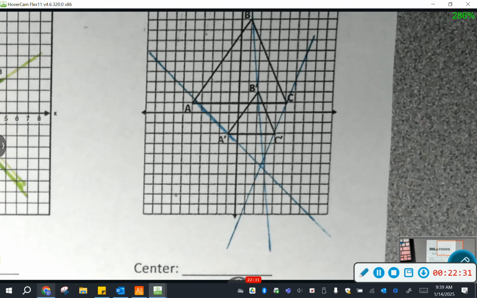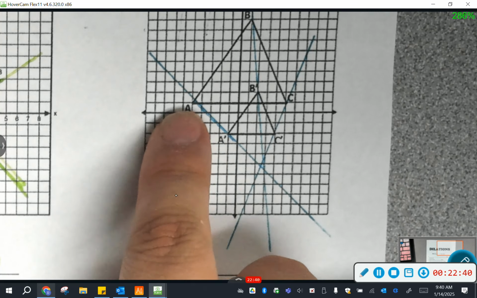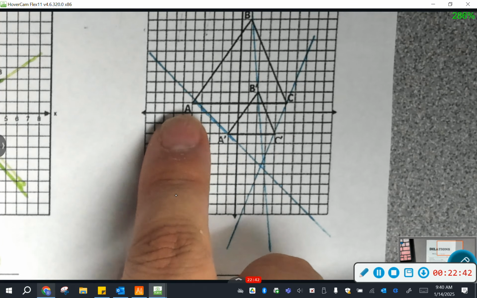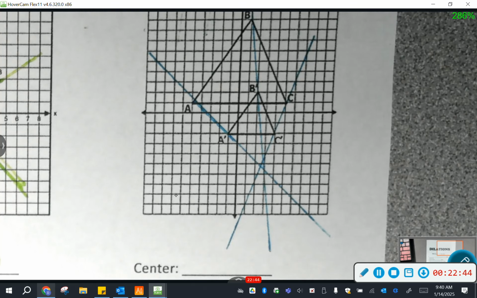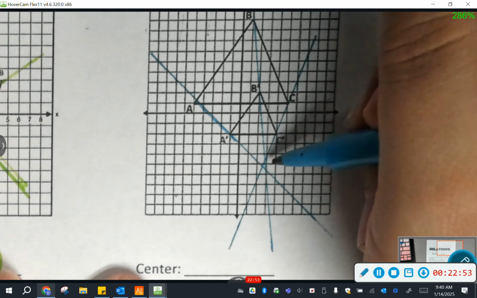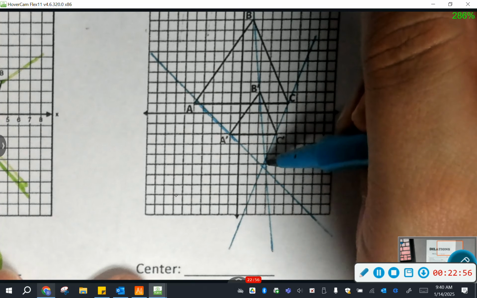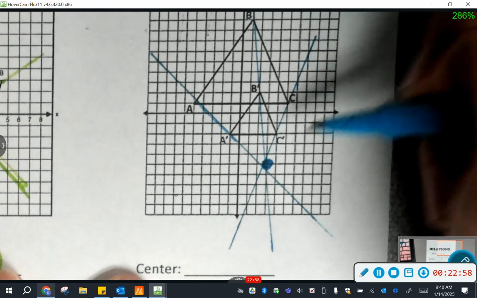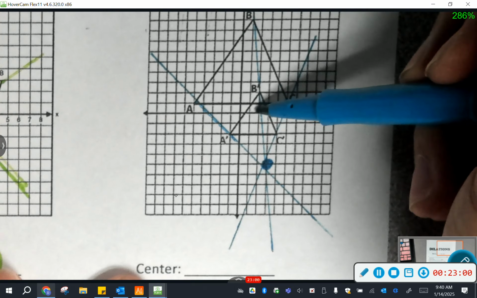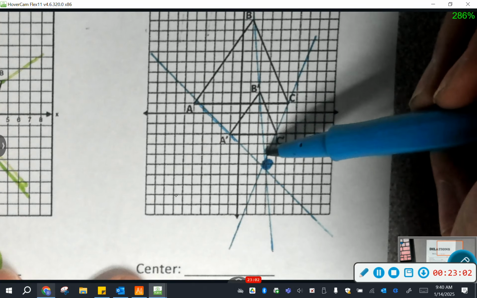Did mine cross perfectly at a point? No, it should. Probably this marker is a little thick. If you look, I'm a little off on the A right there. Your questions on your test and your paper are going to be multiple choice. So plot the points and see which one is around the closest. I believe this one should be right around here, which would make this 1, 2, 3, 1, 2, 3, 4.